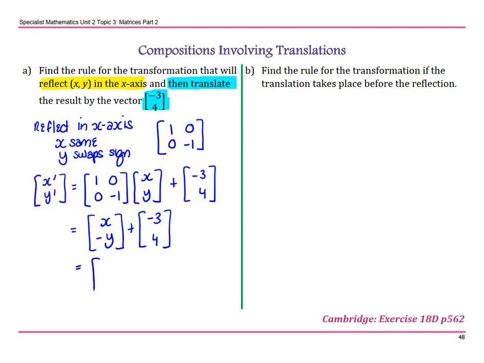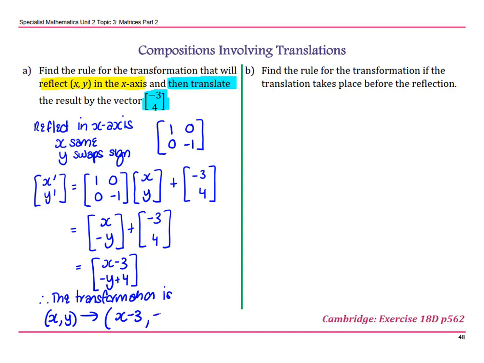So that gives x - 3, -y + 4. So therefore, the transformation is my (x, y) will map onto (x - 3, -y + 4).